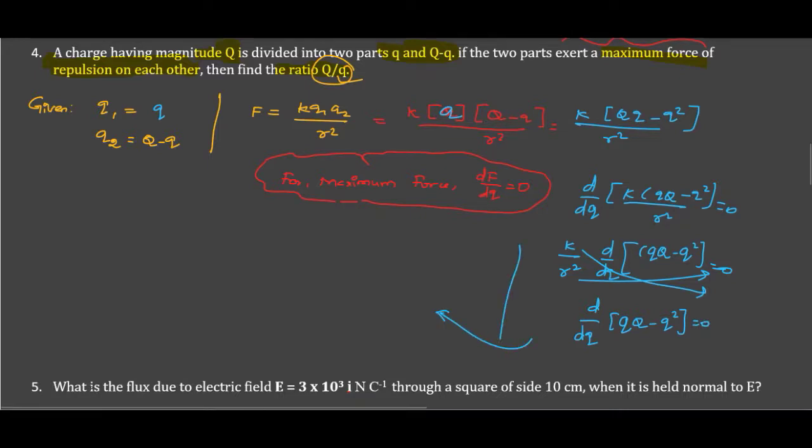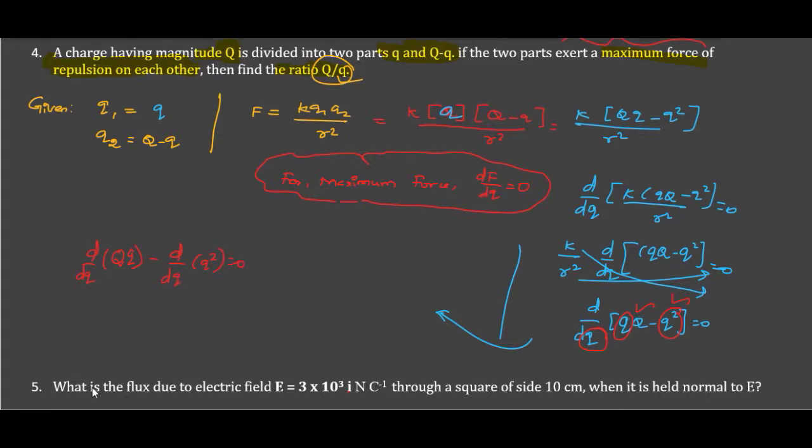So we need to differentiate. Look here, the function is Q times q, so q is there, we can differentiate. Here q square is there, so we can differentiate. So finally, doing it individually, Q d by dq of q minus d by dq of q square is equal to 0.